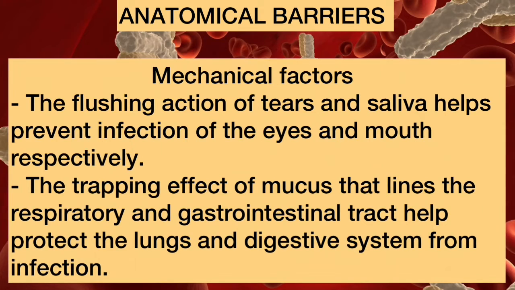Secondly, the flushing action of tears and saliva helps prevent infection of the eyes and mouth respectively. Also, the trapping effect of mucus that lines the respiratory and gastrointestinal tract help protect the lungs and the digestive system from infection.